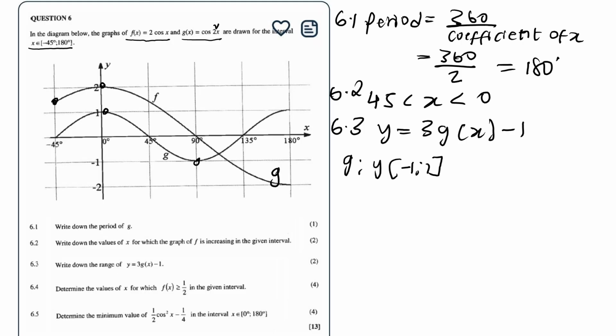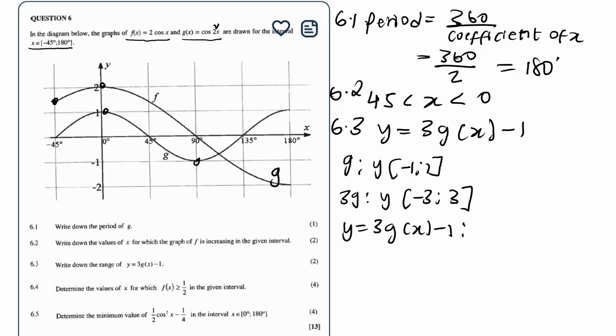Therefore the range for 3g is y ∈ [-3; 3], because we just multiply negative 1 by 3 and 1 by 3. Now the range for y = 3g(x) - 1: we subtract 1 from everything.